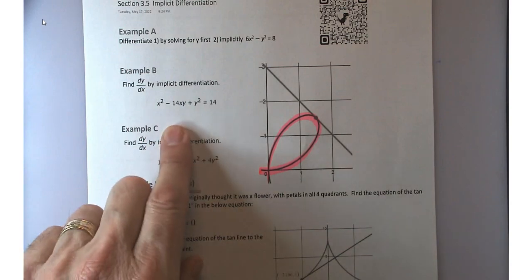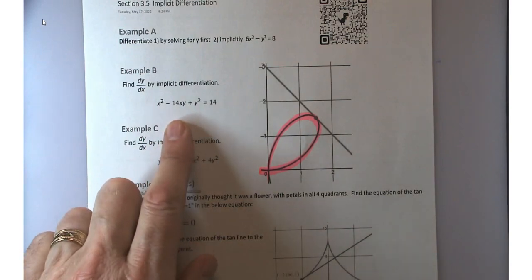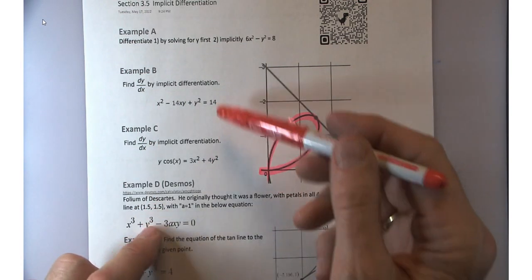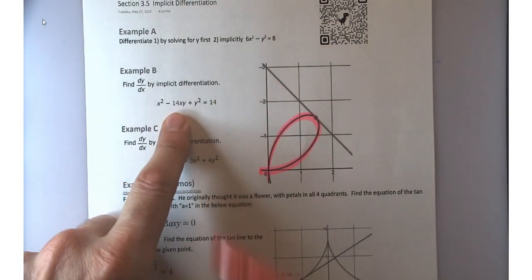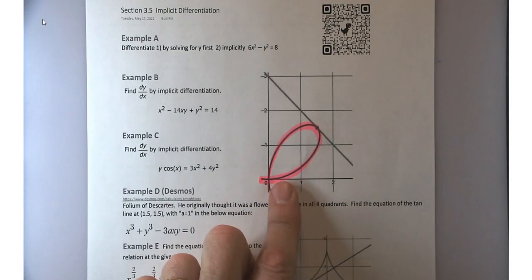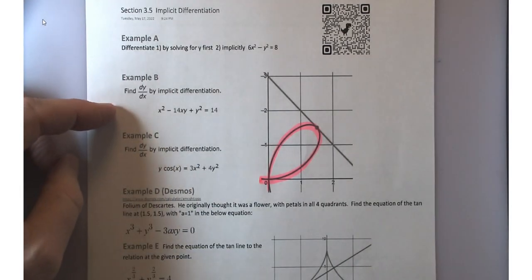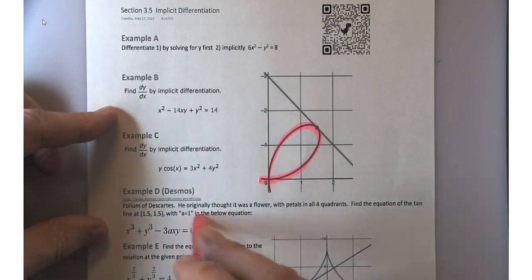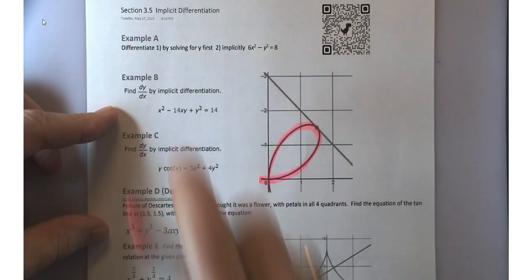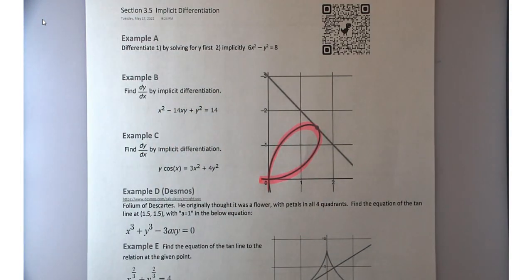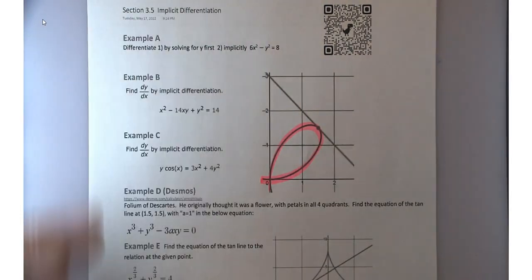But we still want to try and find some of the derivatives here. No, that's example D, that's the Folium of Descartes. We're going to work with example B next. And let's see what goes on there. Example B.